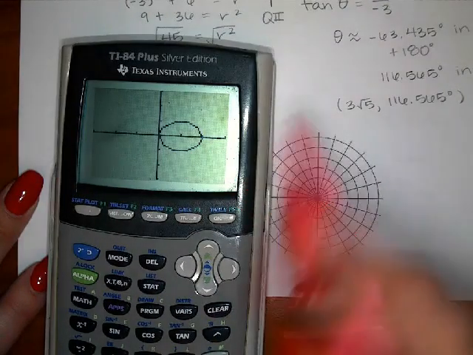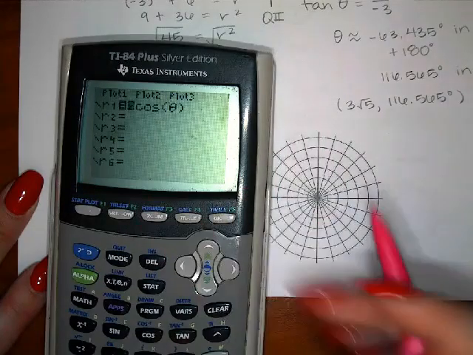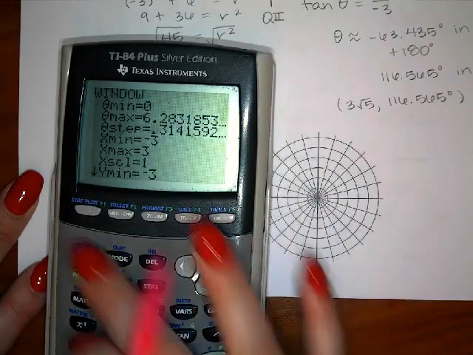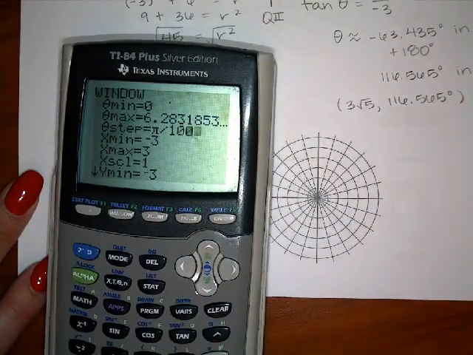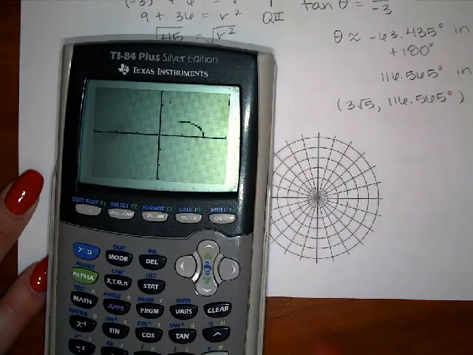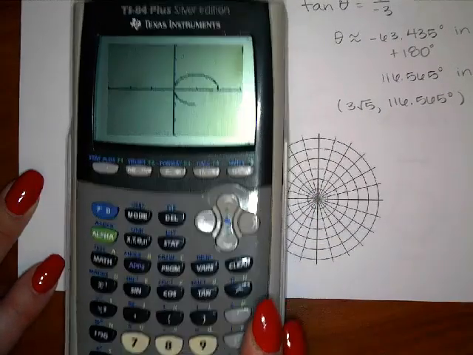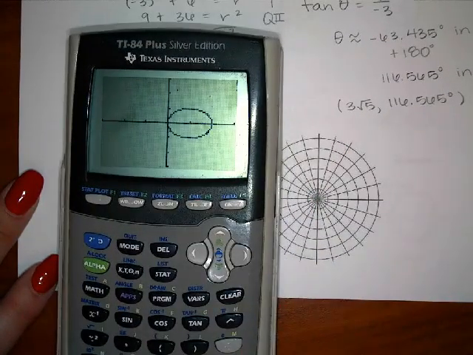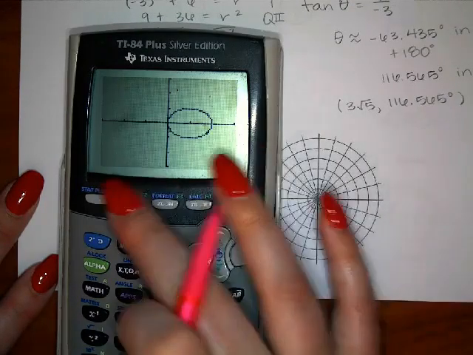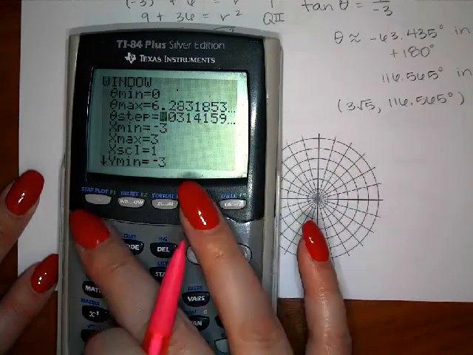If I do pi over 100, it slows down and it's nice and round. If you want it to go even slower, you can do pi over 200. I wouldn't do 1,000, that might take forever to graph. Hit graph.